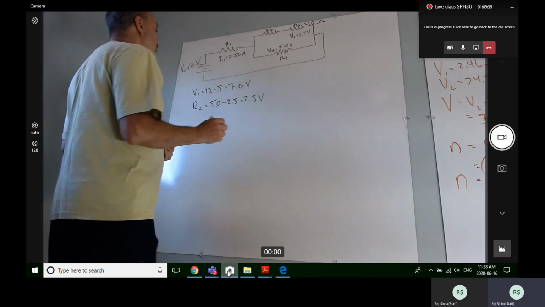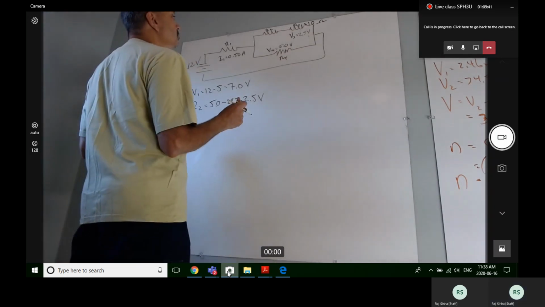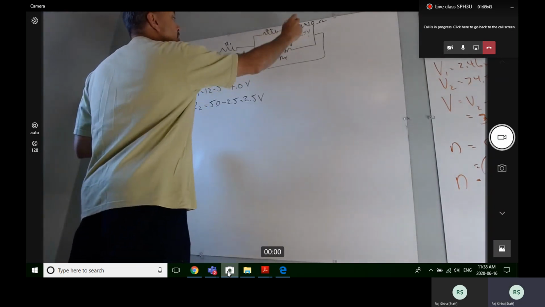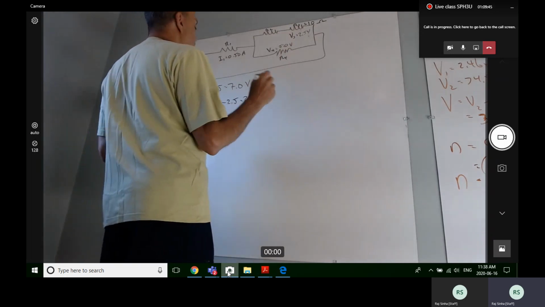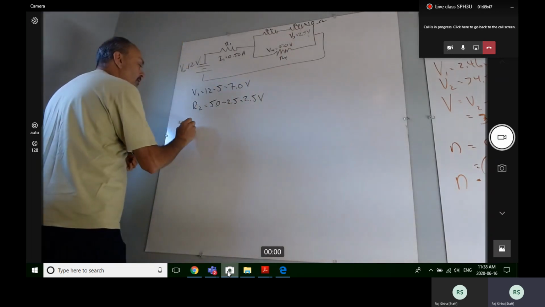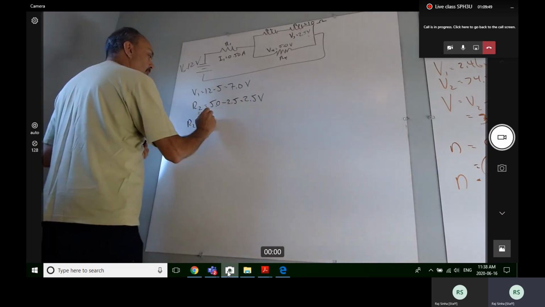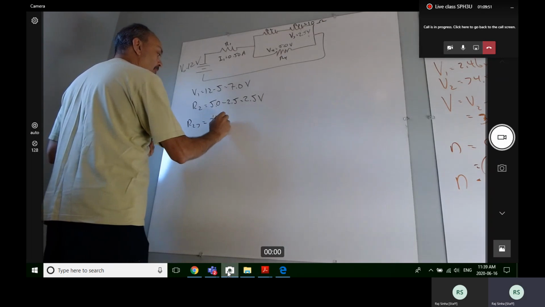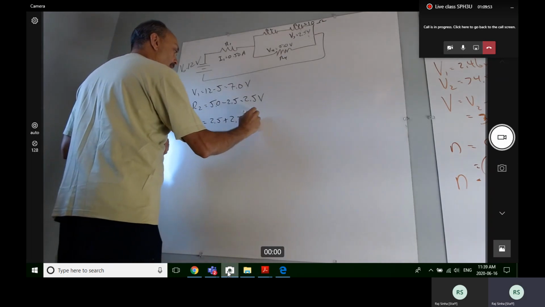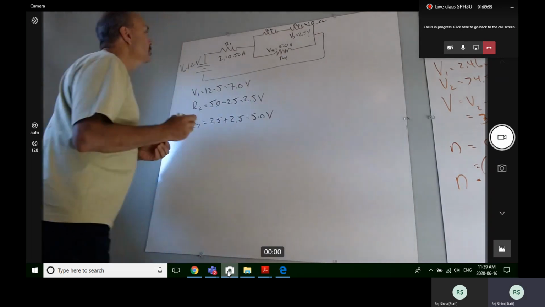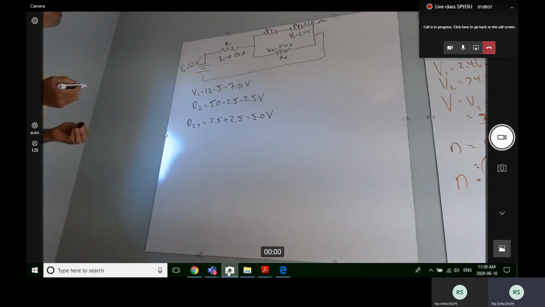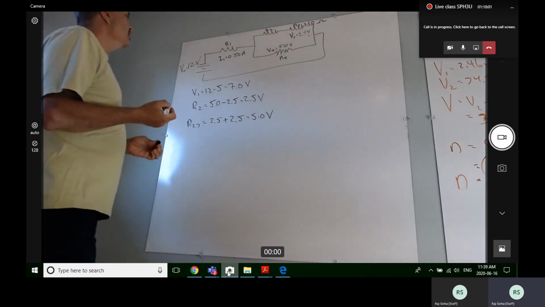Right? And now if I know what R2 and R3 are combined, it's at 5 volts. So I've got lots of information here now.